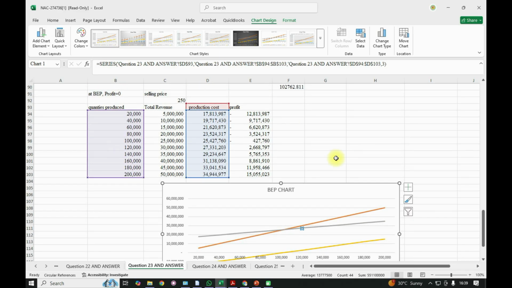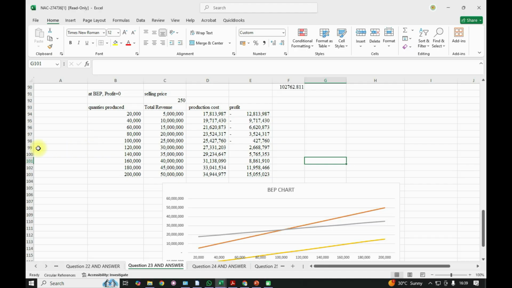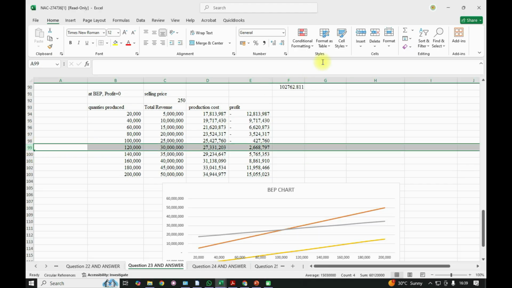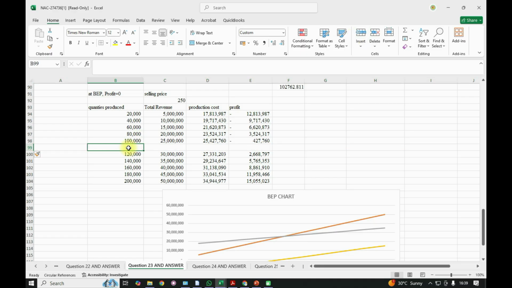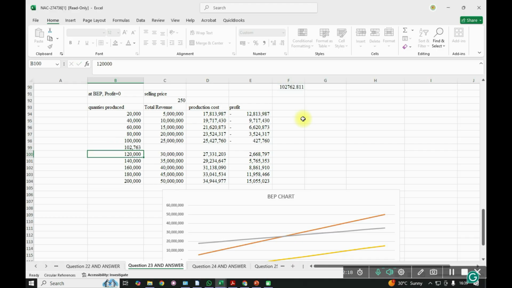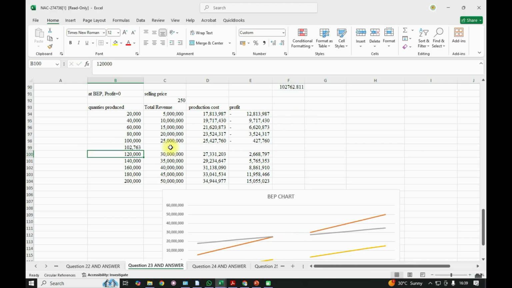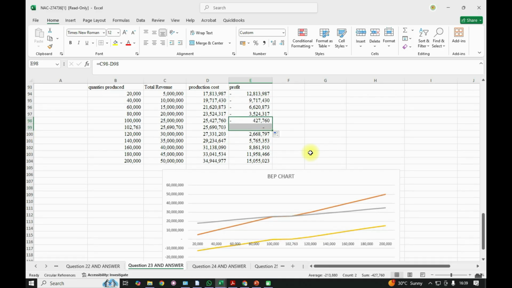If I was to add a row here, and I put this value 102,763 here, and this one, and this one. Yeah, so you'll find that at that particular point it will give you a 0.